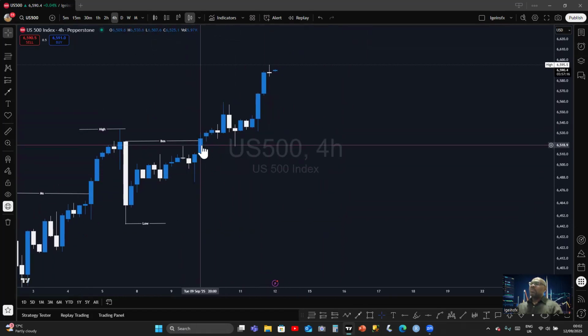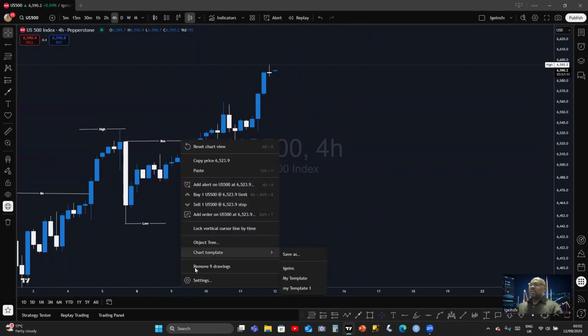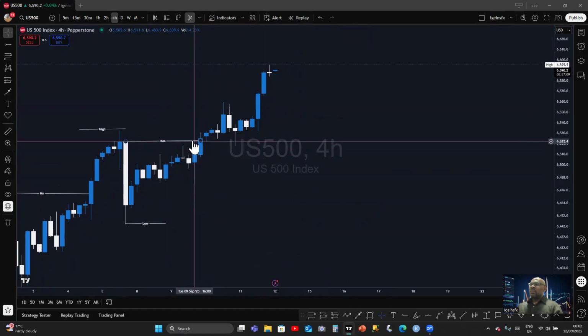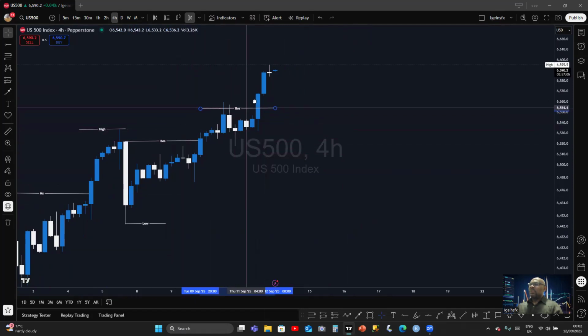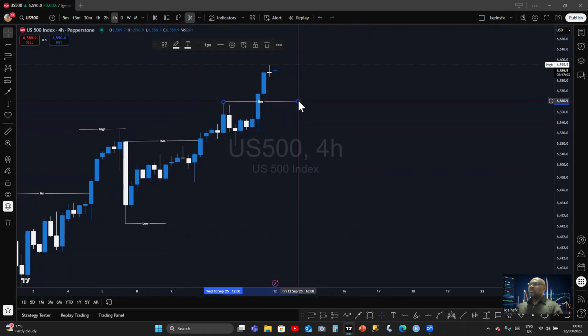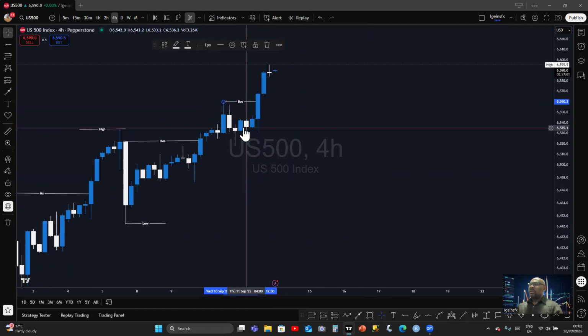After this, price pushed again to the upside, giving us another break of structure. After this high, price pulled back to this level and broke structure again.